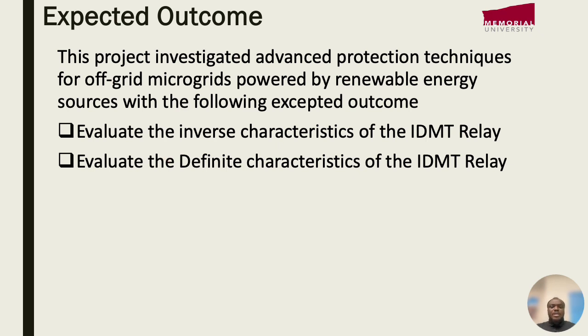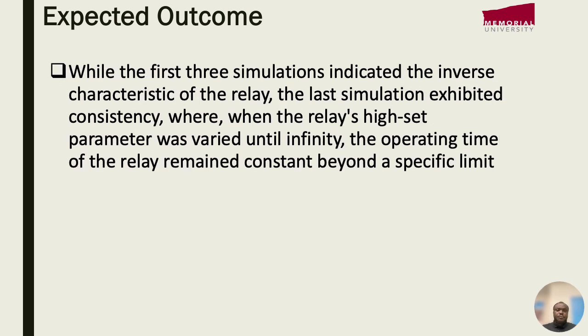So the projected outcome was fully achieved. Like we said, the first simulation proved the inverse characteristics, and the last one exhibited consistency, where we got a definite, constant trip time, relay response time, even when the current was set to infinity.